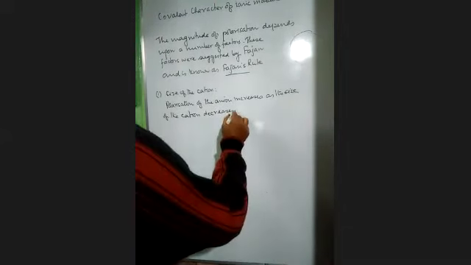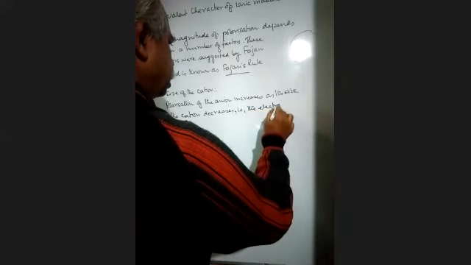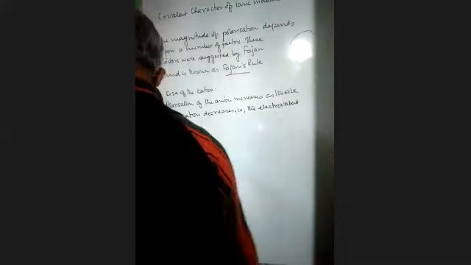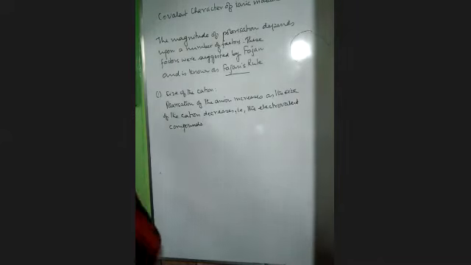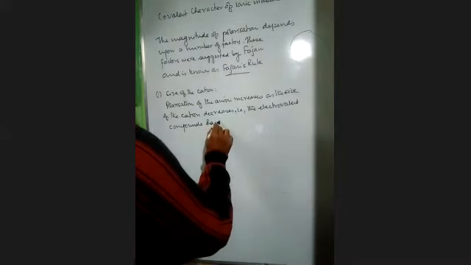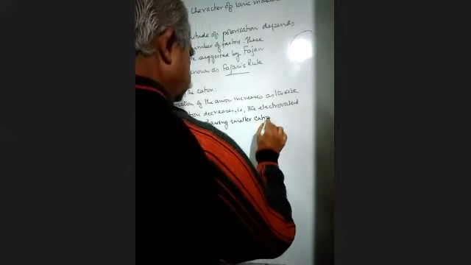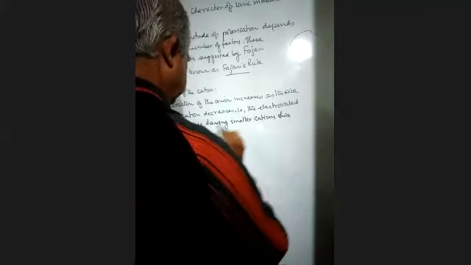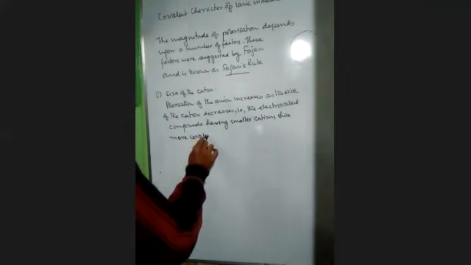That is, the electrovalent compounds having smaller cations show more covalent character.